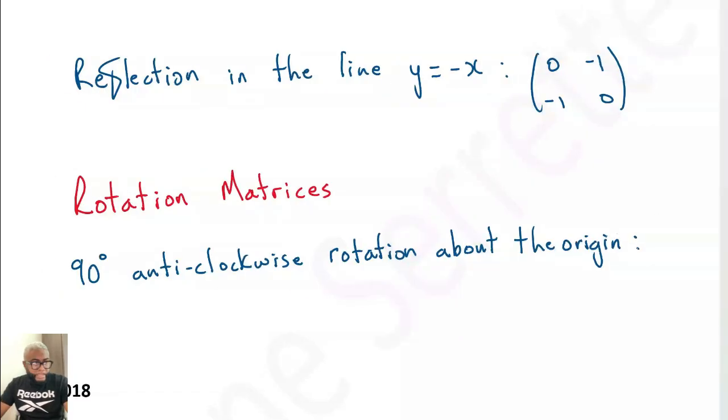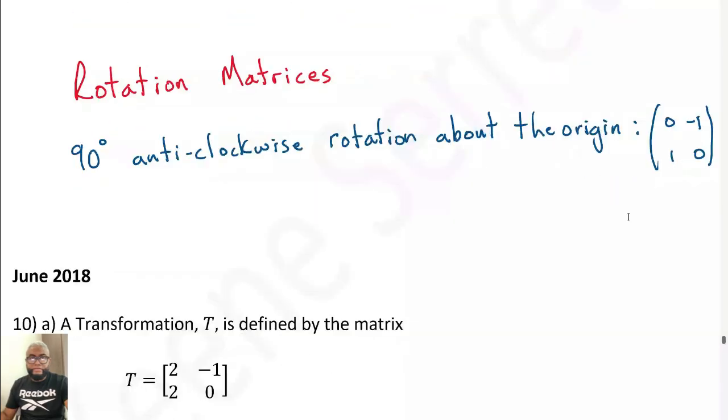About the origin, this one will be 0, -1, 1, 0. Right?